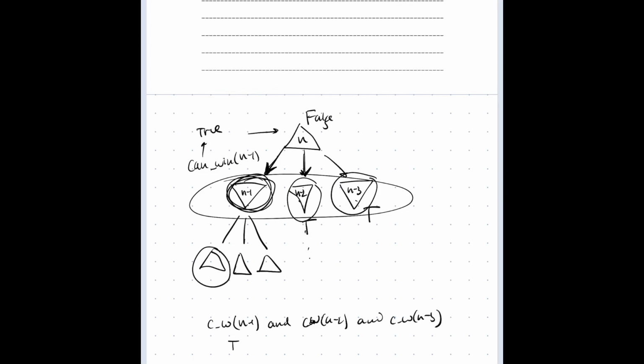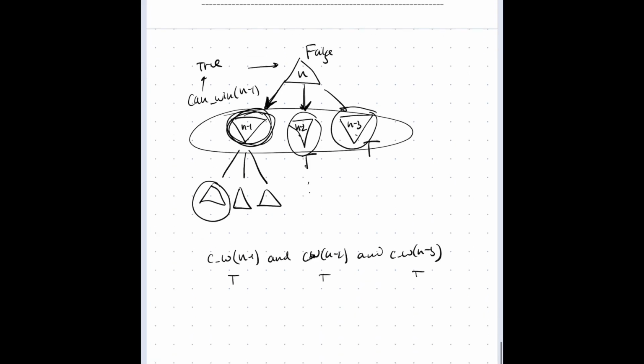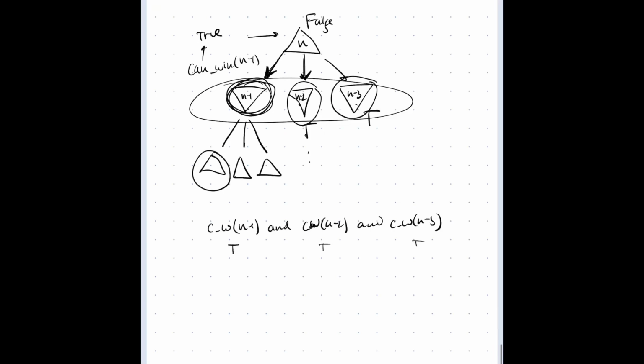So if all these three are true, then it's false for me, right? But in my case, if any of these are false, so it's like if can win n minus 1 or can win n minus 2, or so like if any of these are false, right, then I know that that's true for me.